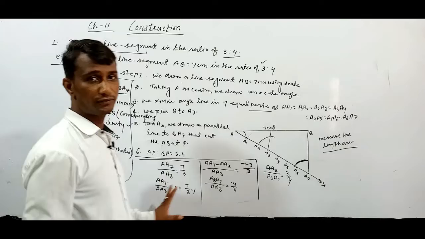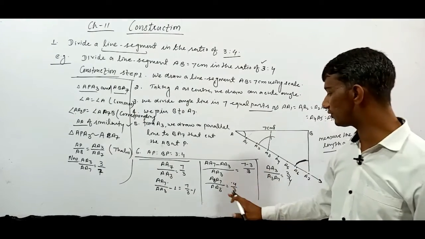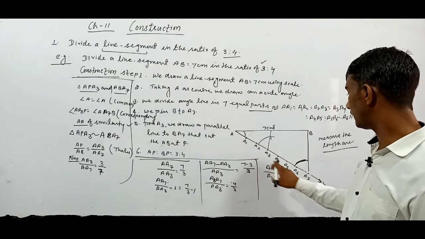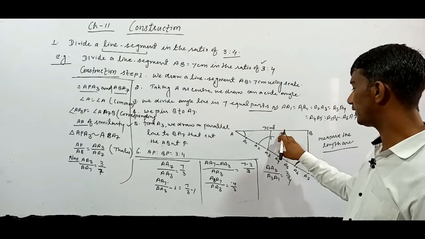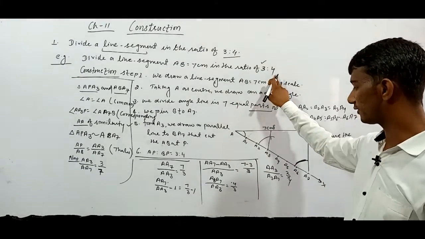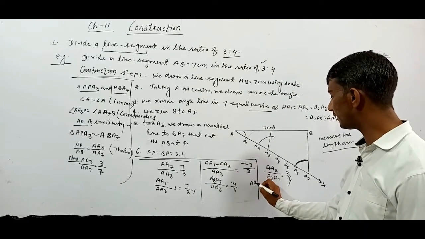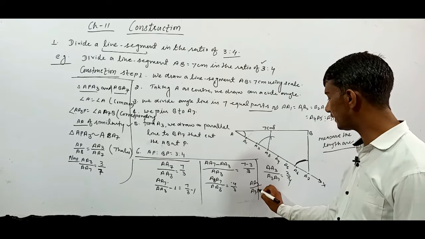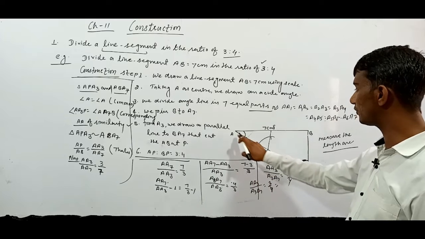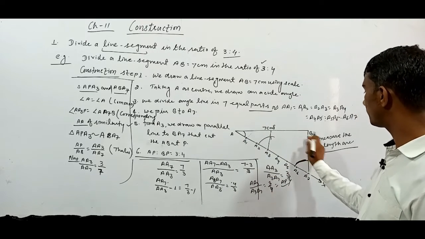This is called the justification of the construction. In this way you can show the ratio. We want to show 3:4, so we change this again. AA3 upon A3A7 equal to 3:4, where AA3 shows AP and A3A7 shows BP.